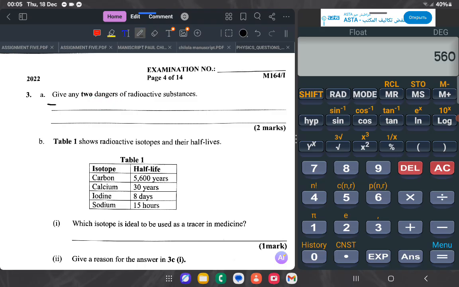if not handled properly, exposure to radioactive substances can cause cancer, can cause gene mutation, any of these.